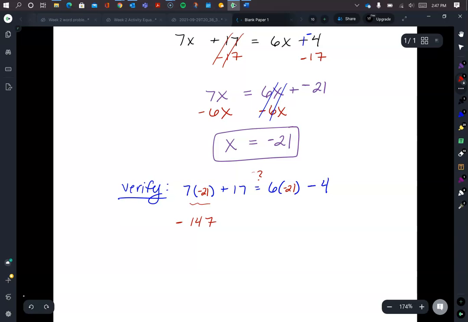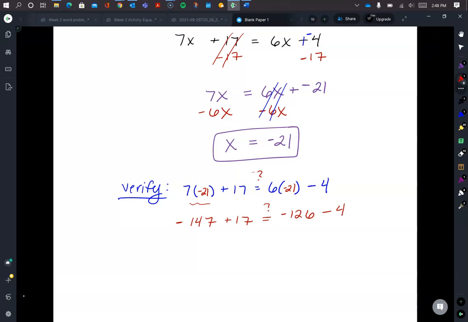And then we carry down the plus 17. Does that equal? And then I have 21 times 6 is 126, but again, it's negative because I just have one negative. Negative 126, and then carry down the subtract 4.